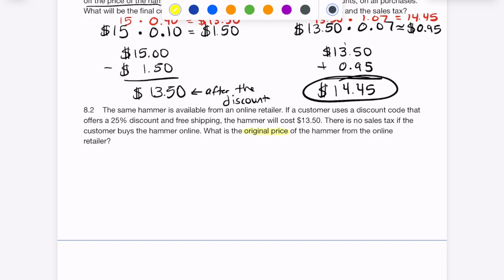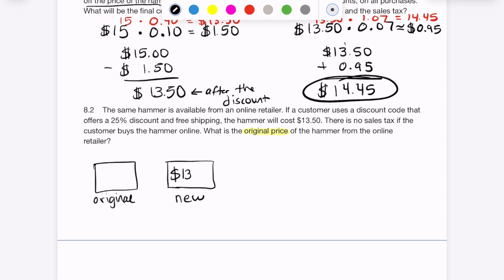So if we're trying to find the original price, this is a situation where we're going to ultimately have to divide, right? And sometimes the boxes, I think, can be helpful. Okay, so the original is what we don't know. We know that the new price is going to be that $13.50.